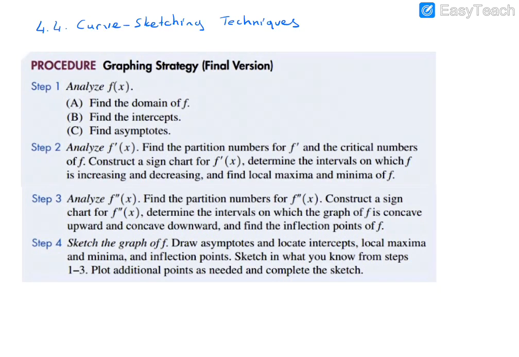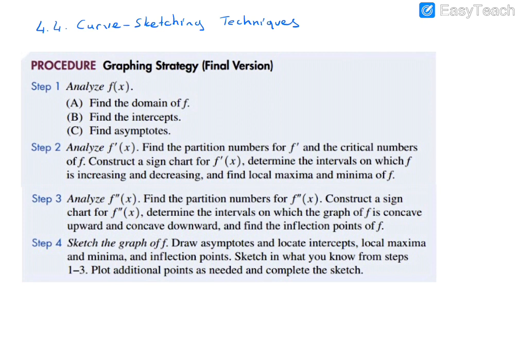In this section, we will give the final version of the graph sketching technique. When we summarized the graphing strategy in section 2 of chapter 4, we omitted one important topic: asymptotes.